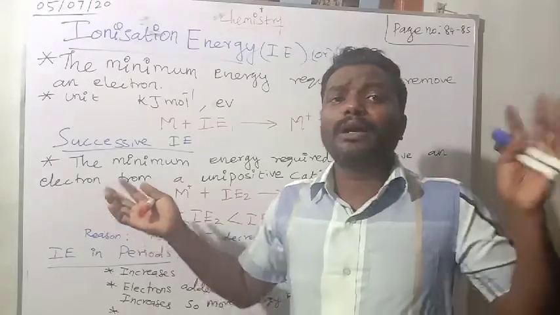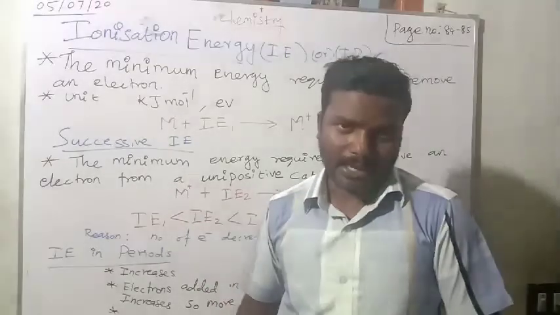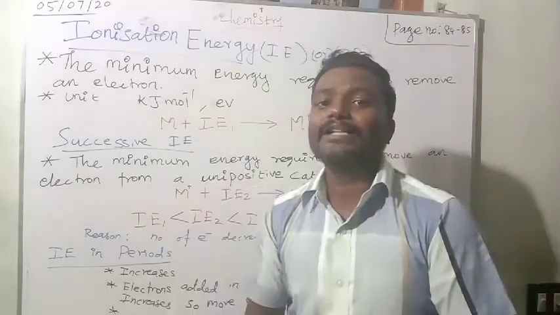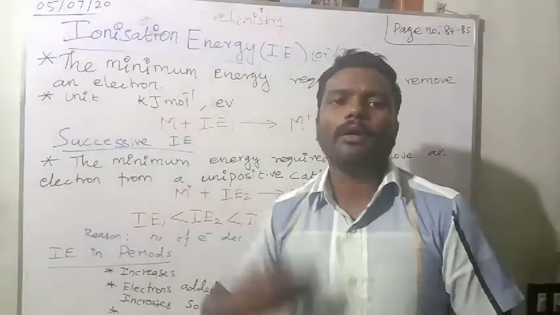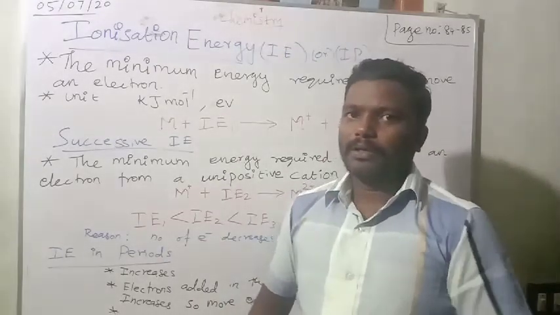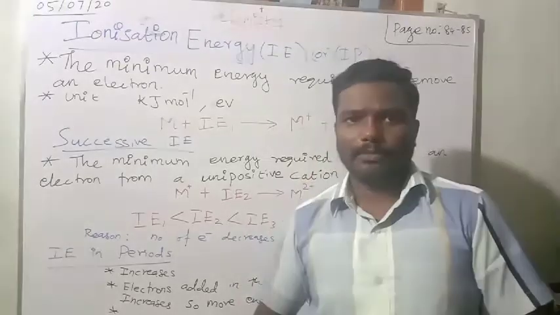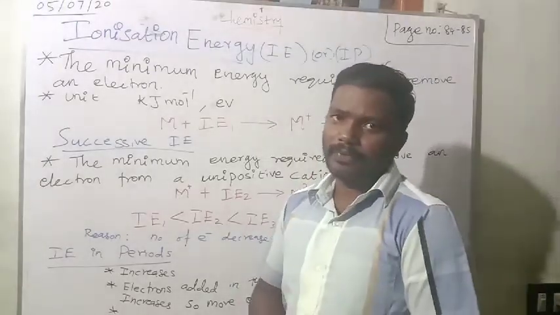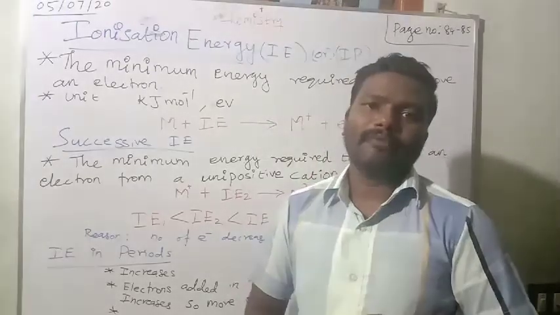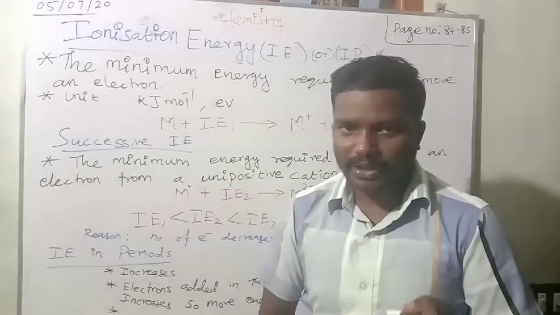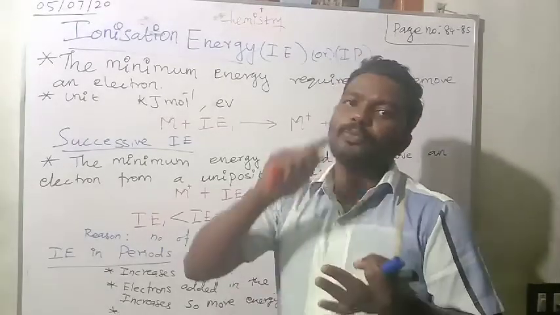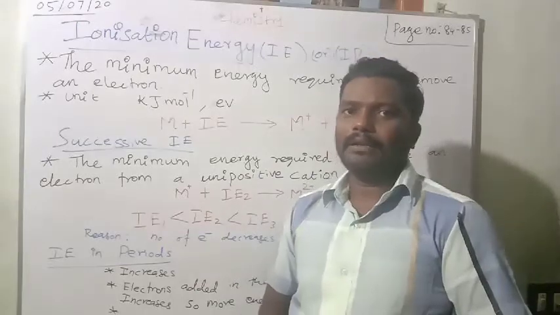The atom should not combine with any other atom. It should be isolated like neon, argon, krypton, a single atom. What are the conditions for that atom? It should be isolated, gaseous, and in the ground state, right?